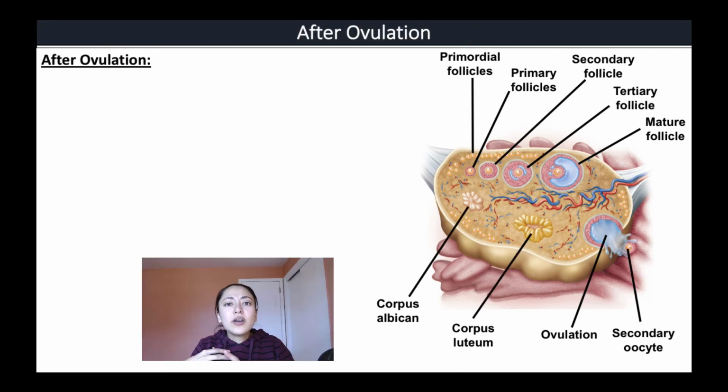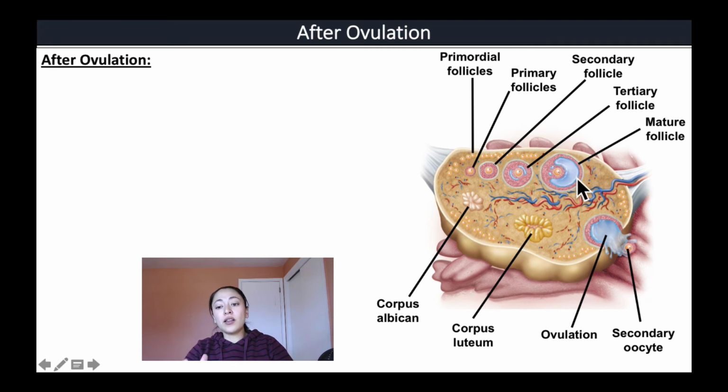So now let's look a little bit at what happens after ovulation. So remember again, we start with the primordial follicles. They become primary follicles. Then they mature into secondary follicles and then into tertiary follicles. Only one of these tertiary follicles each month will become a mature follicle or Graafian follicle.